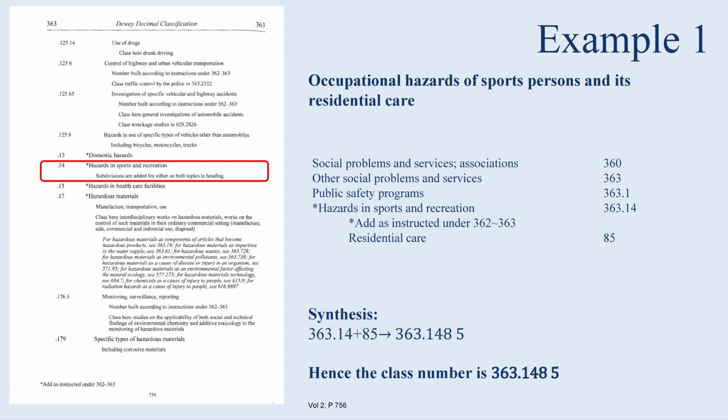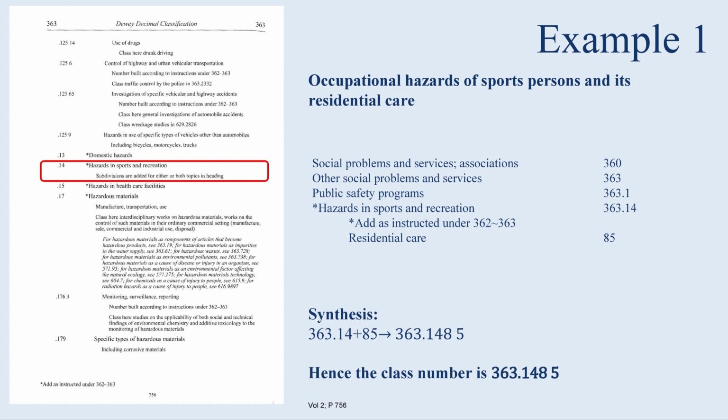The particular subject comes under social problems and services, that is 360. Under 363, there are other social problems and services. As it is concerned with public safety, it will be 363.1. Thereunder, hazards in sports and recreation is 363.14. So, our base number is 363.14.